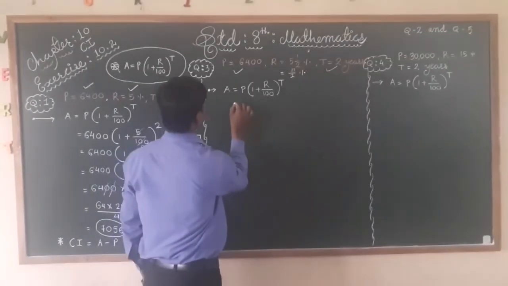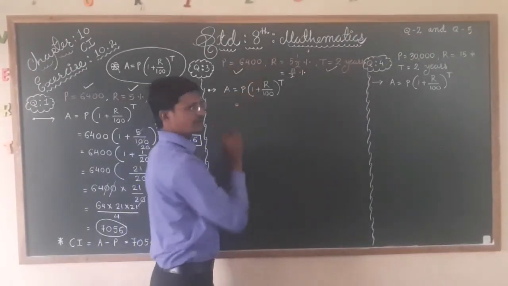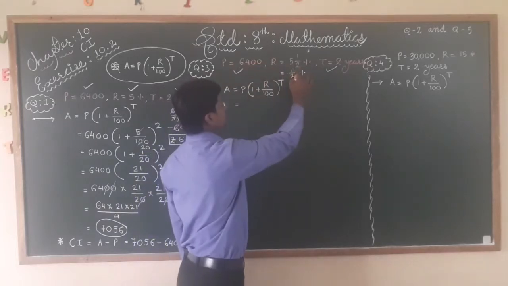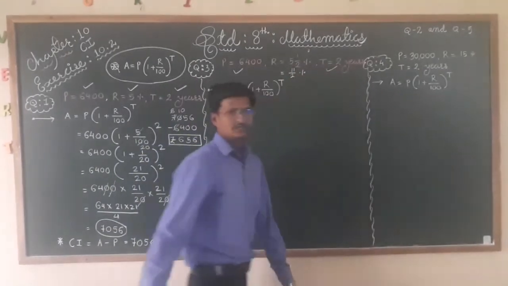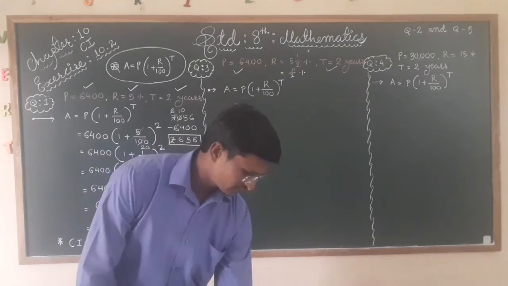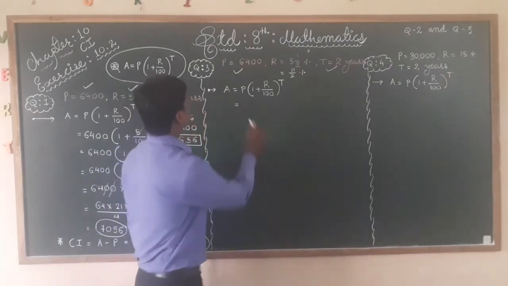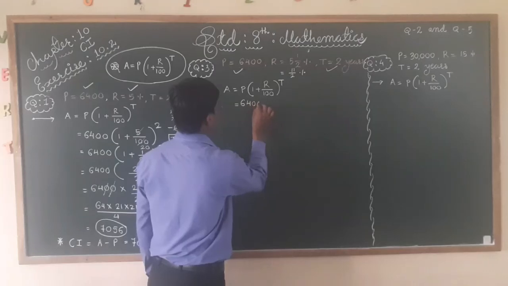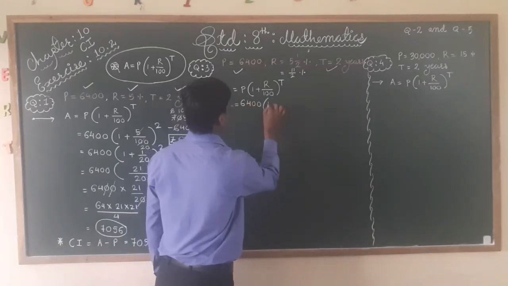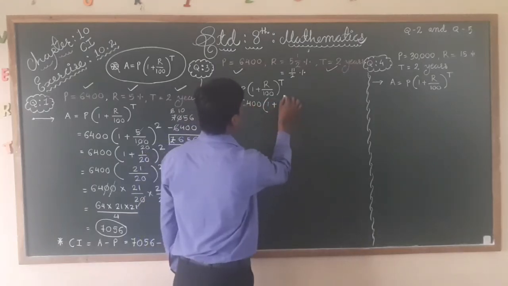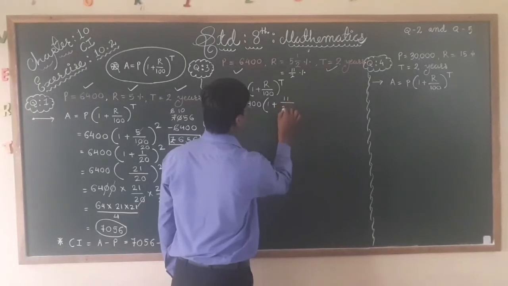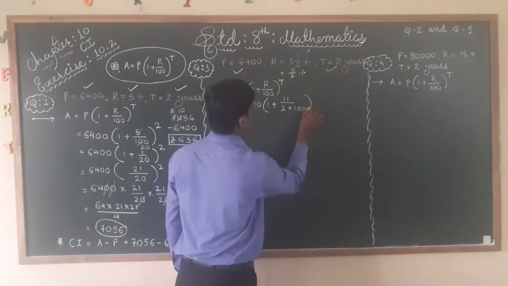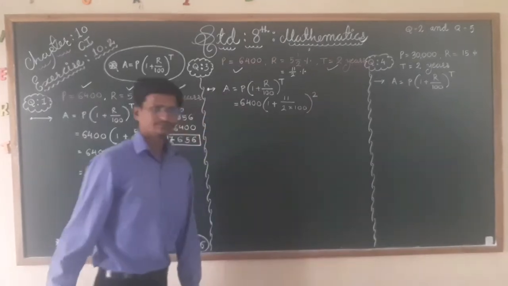So here principal is given, that is 6,400, the same way. Rate is 11/2% and term is 2 years. So by keeping the value 6,400, 1 plus R is what? 11/2 multiplied by 1/100, and term is 2 years.